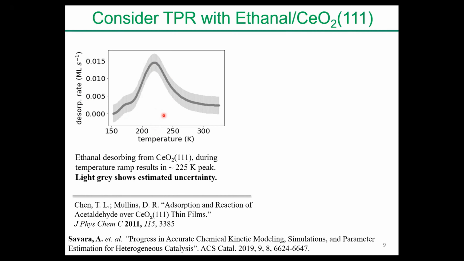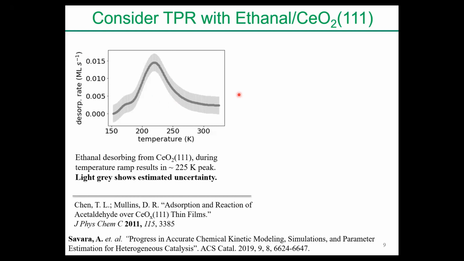That means we can either look at more complex models with multiple states, multiple sites. We can also look at models where you simply have a dependence of the activation energy with coverage. I'm not going to show it to you, but I will tell you that if you use a single activation energy with a linear coverage dependence, you still cannot produce this peak.